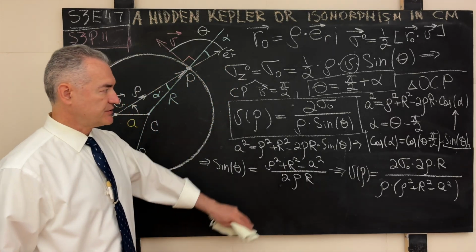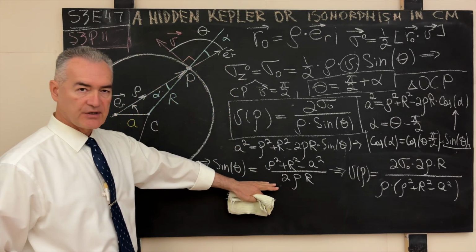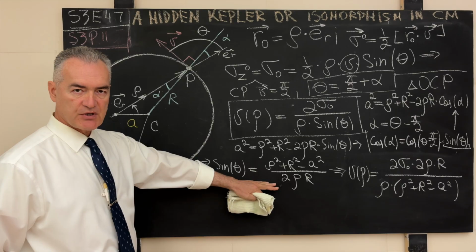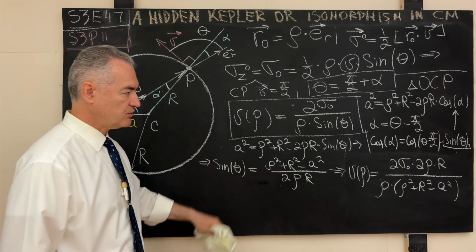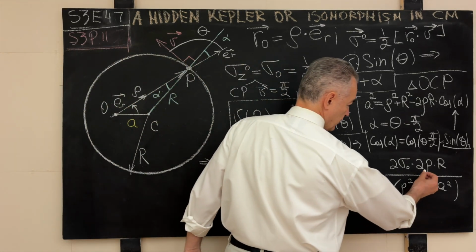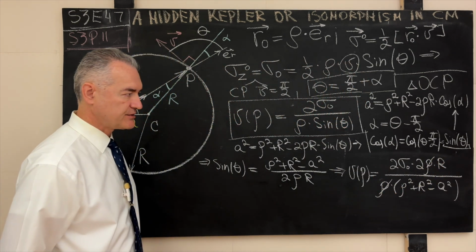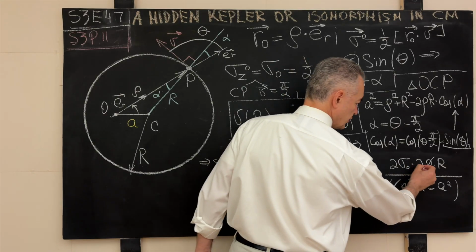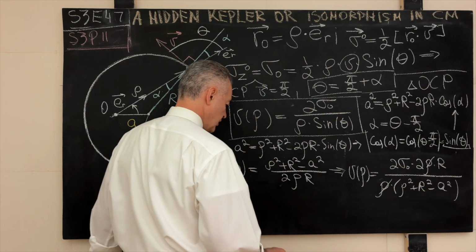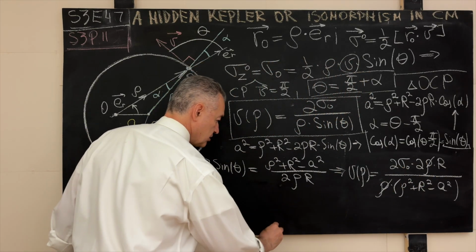You see, this is very straightforward. Into this formula, we inject the right-hand side of the expression for the sine of the angle between the unit vector and the velocity. We observe that one copy of rho and one copy of rho cancel out. 2 and 2 become 2 times 2 become 4. So now we have our answer.